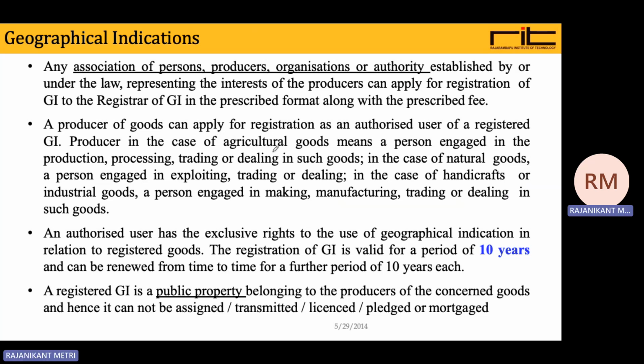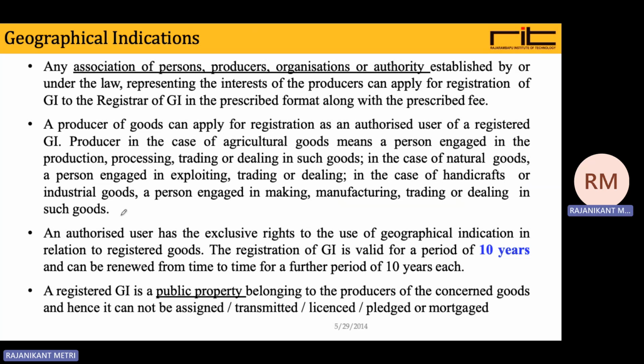Producer in case of agricultural goods means a person engaged in the production, processing, trading, or dealing in such goods. In case of natural goods, a person engaged in trading or dealing. In case of handicrafts or industrial goods, a person engaged in making, manufacturing, trading, or dealing in such goods. So these are the producers.